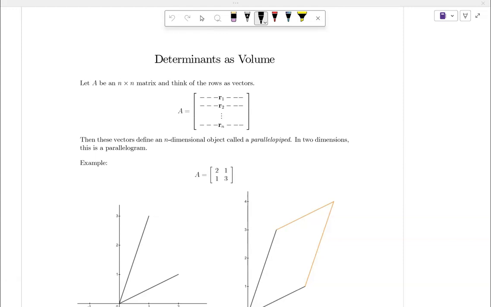So let's start with an n by n matrix. And we can think of this matrix broken up into rows. So each row represents a vector in Rn. So when I say Rn, I mean real vectors where you've got n components. So R2 would be 2 components.